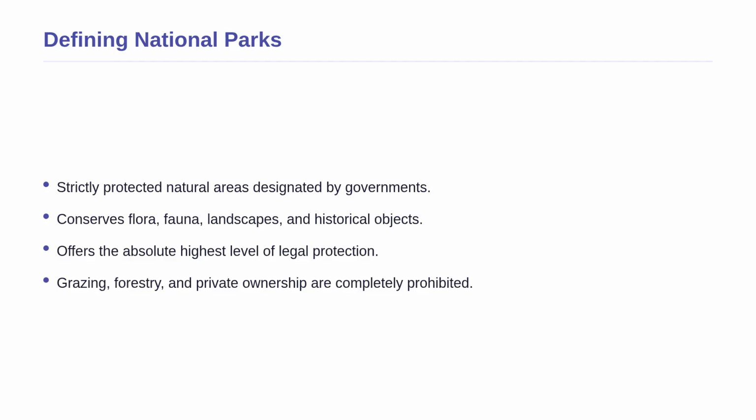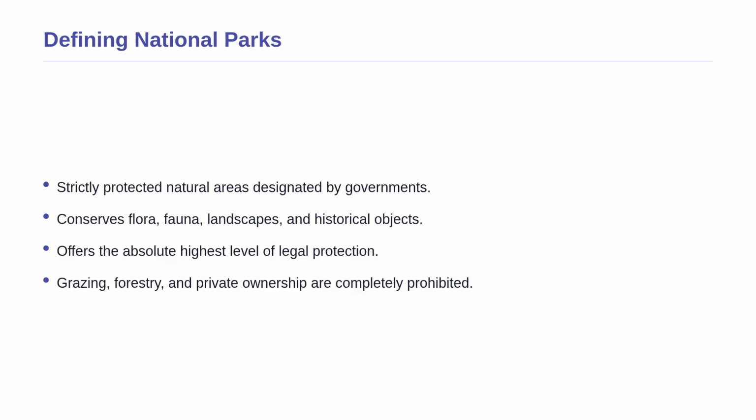Now that we understand the purpose of these safe zones, let us look at how they are formally defined, starting with national parks. A national park is a strictly protected natural area designated by a national government. Its primary goal is to conserve the entire natural environment, which includes flora, fauna, landscapes, and even historical objects.